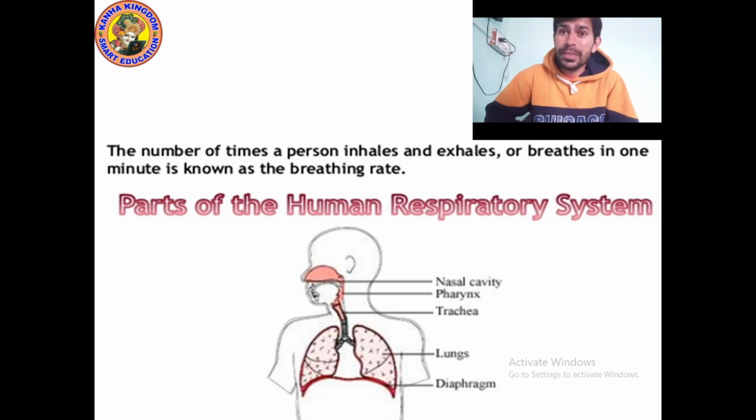In this way we breathe, and the breathing air passes through the alveoli. Then it goes through the small veins which contain blood, and the blood carries the oxygen.